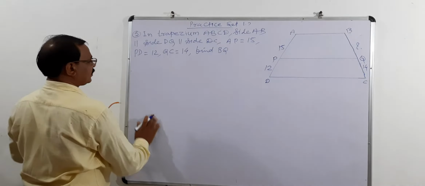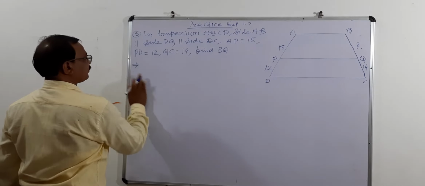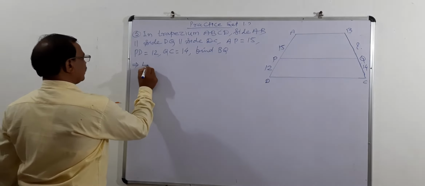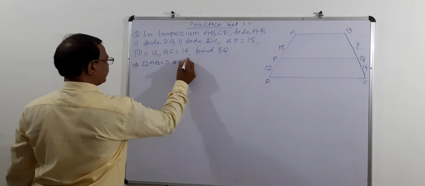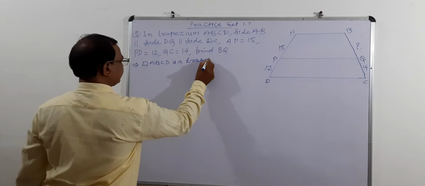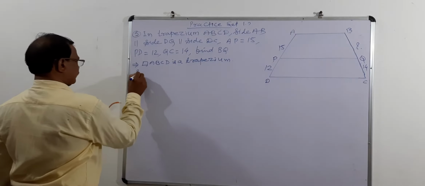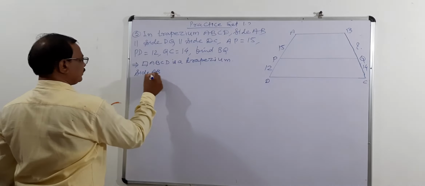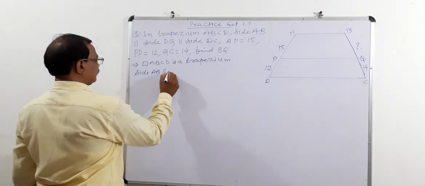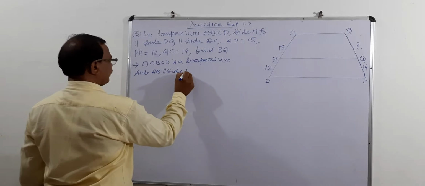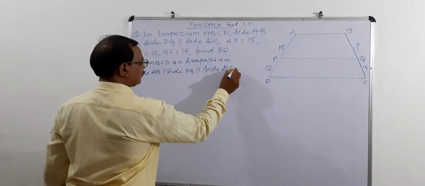Now, quadrilateral ABCD is a trapezium. Side AB parallel to side PQ parallel to side DC.